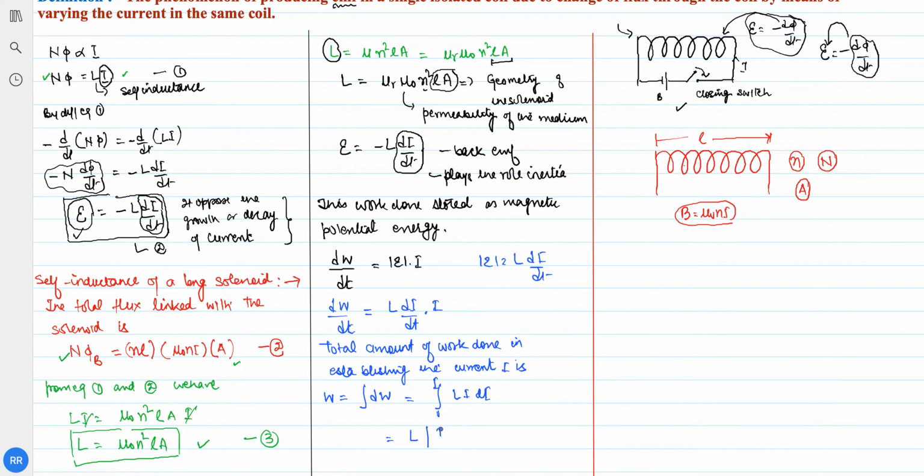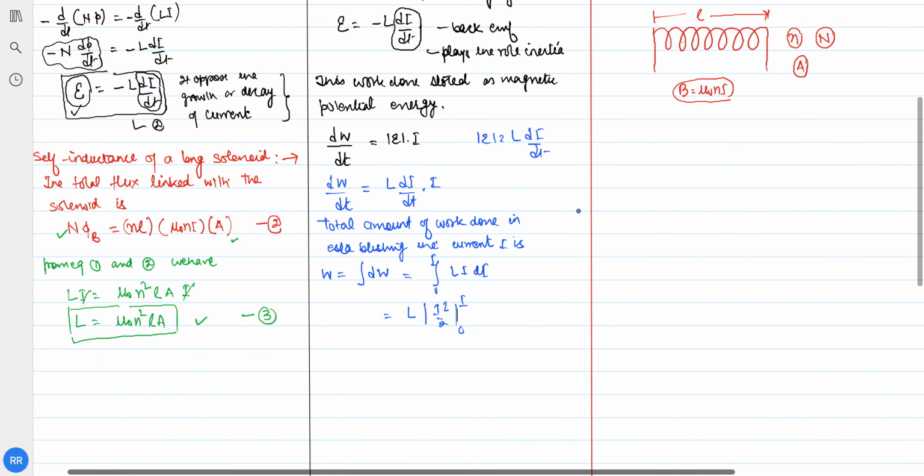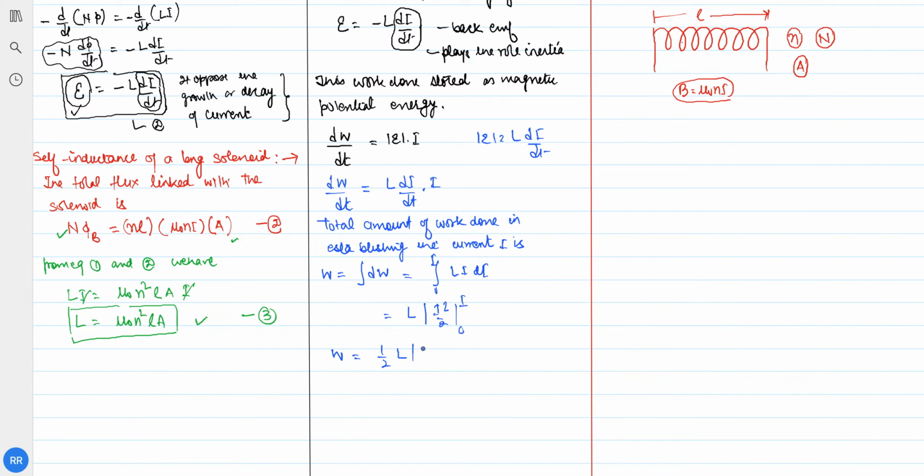It will be I square by 2 from 0 to I, which could further be written as W is equal to 1 by 2 L times I square minus 0, which is equal to 1 by 2 L I square.